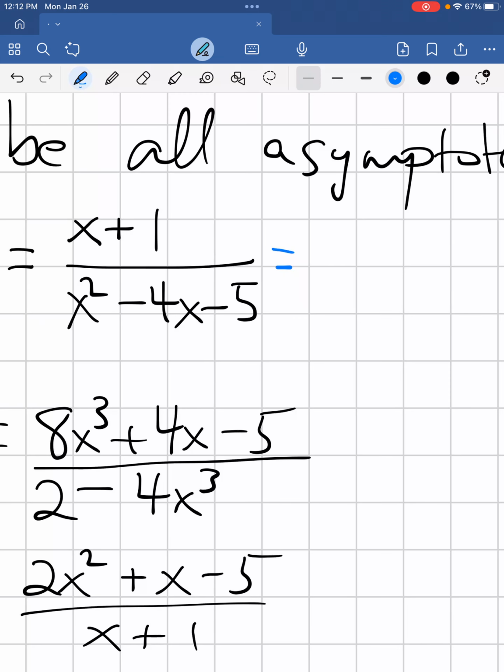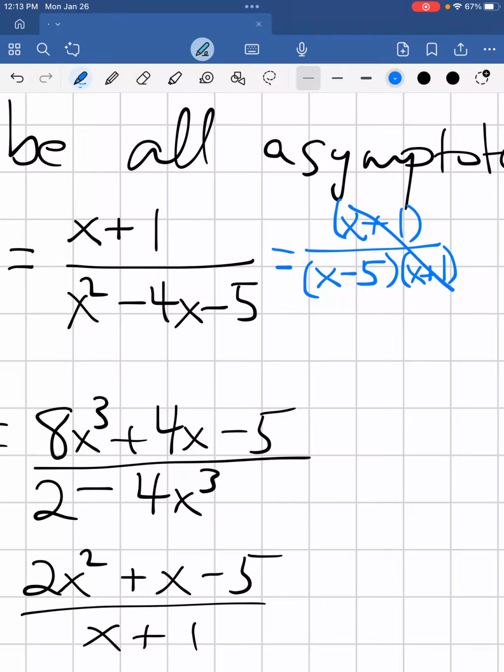So if I look at the denominator for this first one, I notice that that's going to factor. Numerator, we've got x plus 1. Denominator, that's going to factor to x minus 5 times x plus 1. And I notice that I have a factor of x plus 1 in the top, a factor of x plus 1 in the denominator.